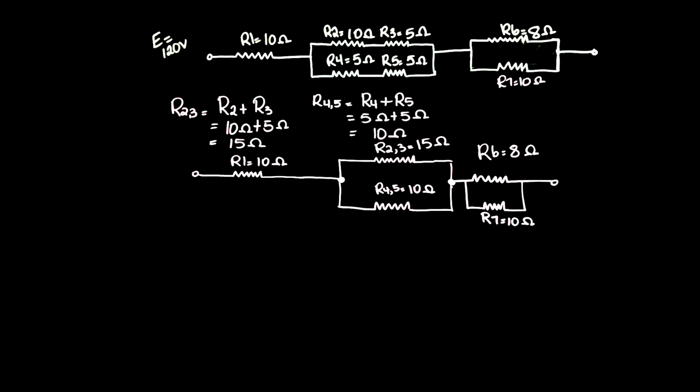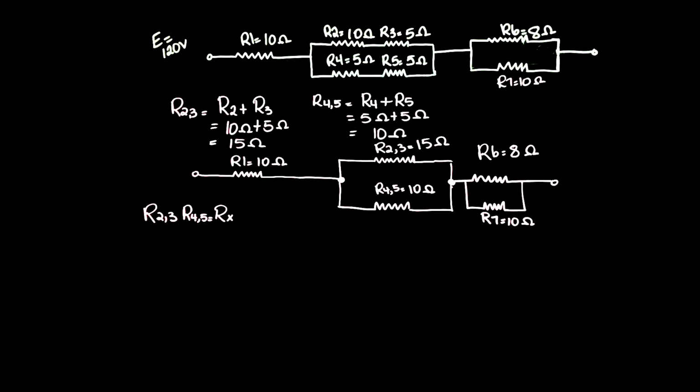This constitutes a parallel circuit. So to reduce that further, we must add R2,3 to R4,5 using the reciprocal method. So I'm going to rename R2,3 and R4,5 to Rx just for simplification purposes.